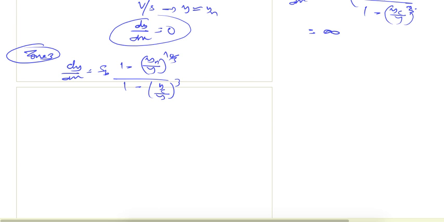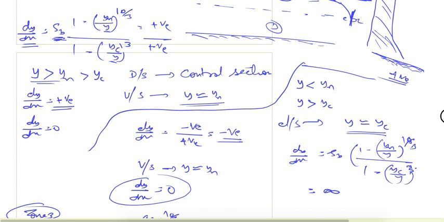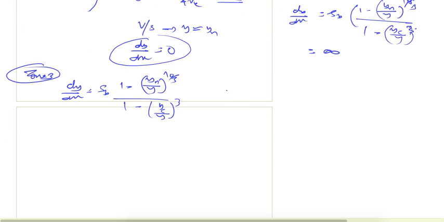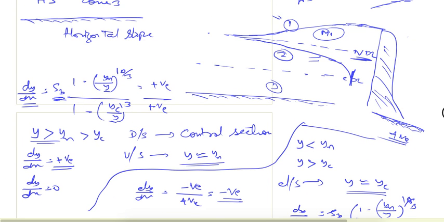In zone 3, the depth of flow is less than normal depth of flow, and the depth of flow is also less than the critical depth of flow, which means this ratio will be greater than 1 and this ratio will also be greater than 1. So the top will be negative, the denominator is also negative, so it will become positive. And if it is positive, we can say it will be a rising profile.